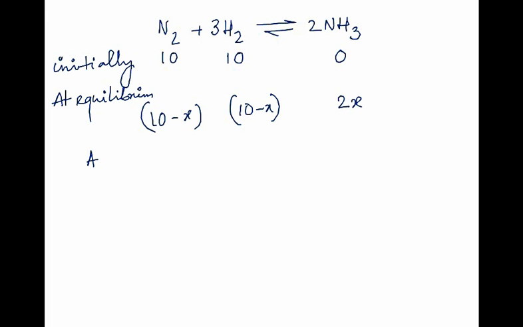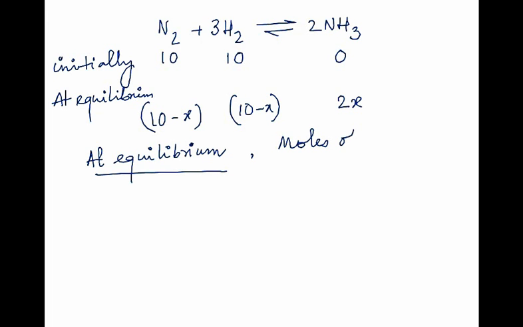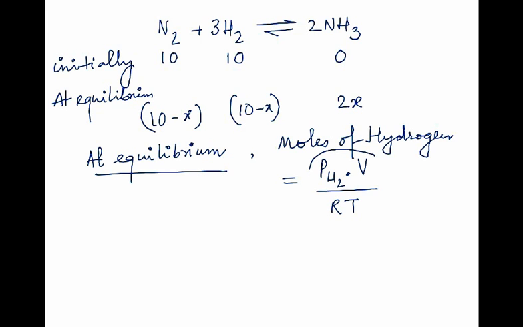So at equilibrium we can say the moles of hydrogen is equal to pressure of hydrogen into volume divided by R into T. So this is a direct help from the ideal gas equation.